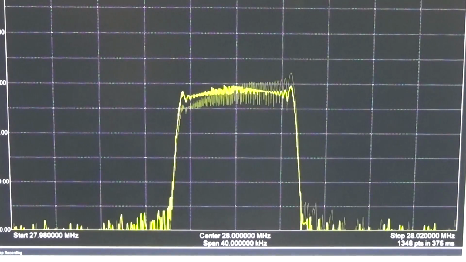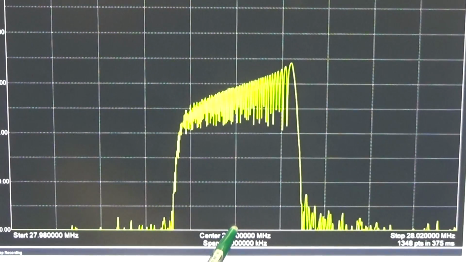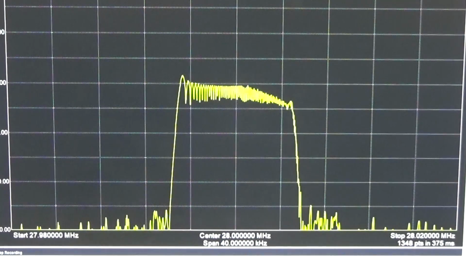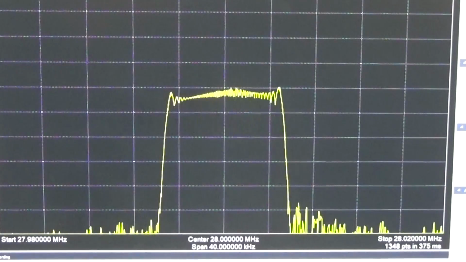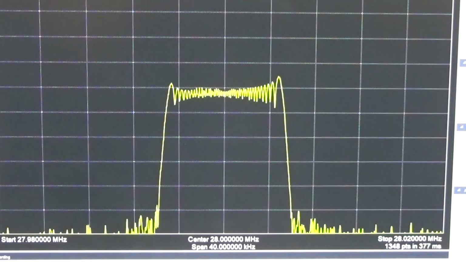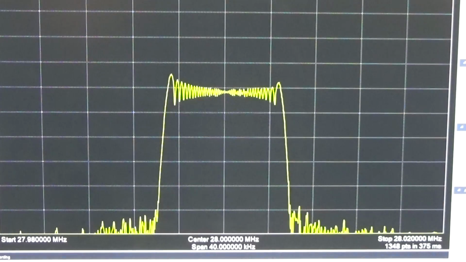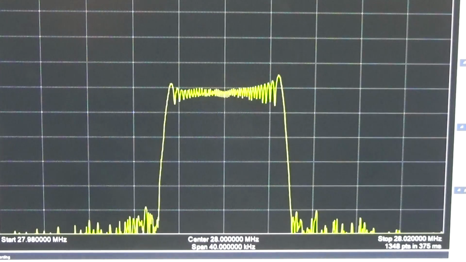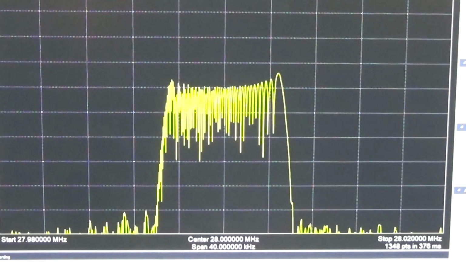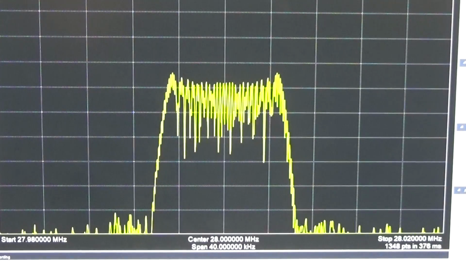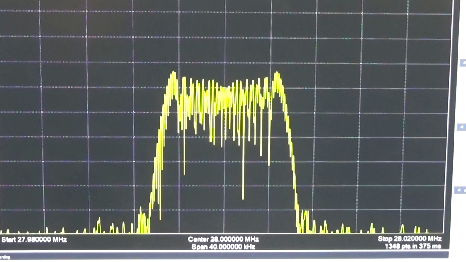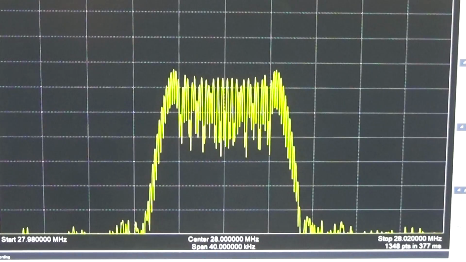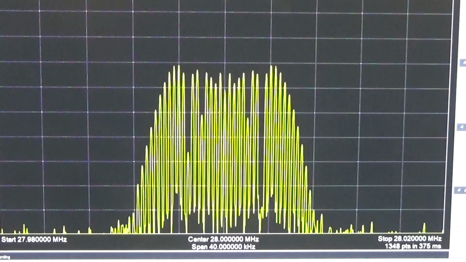And now we know that we have here in the middle our center frequency of 28 megahertz, and now I'm increasing here my audio frequency, and you already see that we have here, of course, a changing spectrum, and let me increase it more and more.